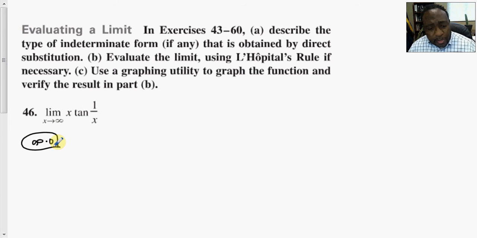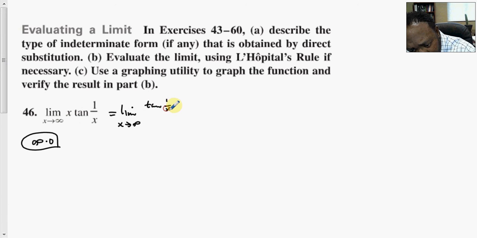So if that be the case, then we apply L'Hopital's rule, and you have to write it in the form of L'Hopital's rule. Let's see. So this is the limit as x goes to infinity of tangent of 1 over x divided by 1 over x, because 1 divided by 1 over x is x in the numerator.